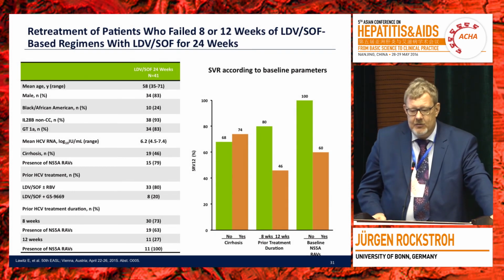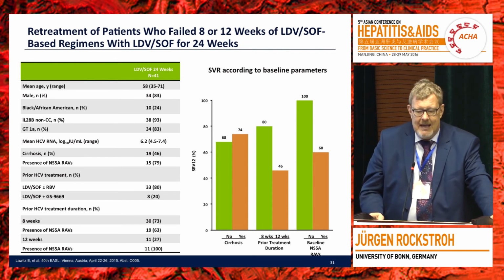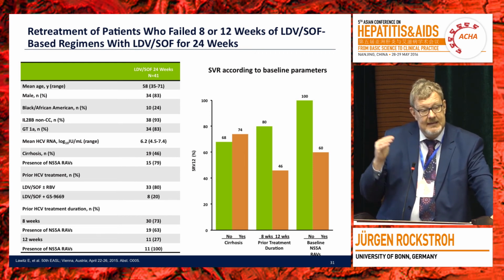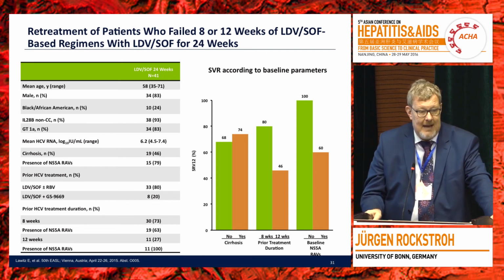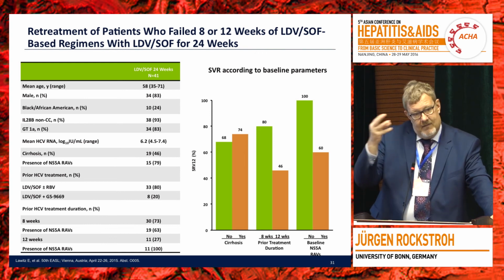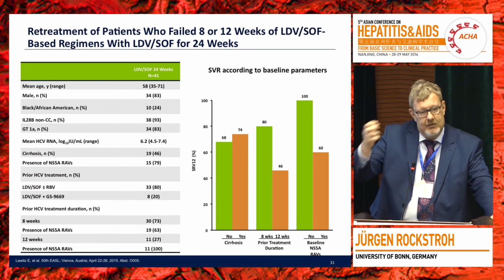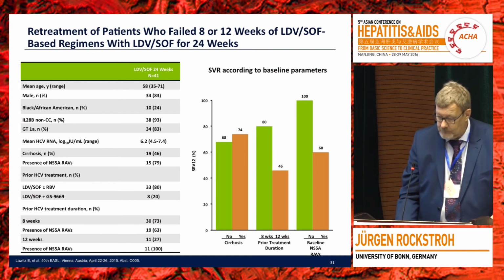And that has something to do with the baseline characteristics of these patients: after 8 weeks of therapy, the presence of baseline RAFs was only 63%, whereas if you failed after 12 weeks, everyone had RAFs developed. So if you retreat and you had a longer duration of exposure to the DAA, your likelihood of having significant mutations is going to be higher, right?